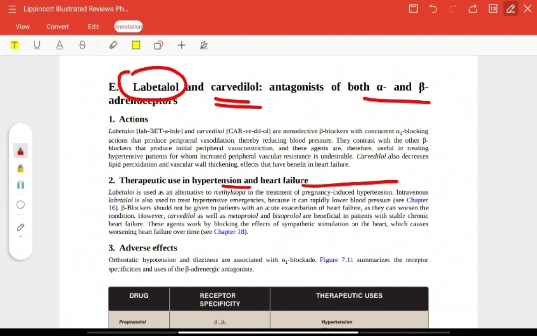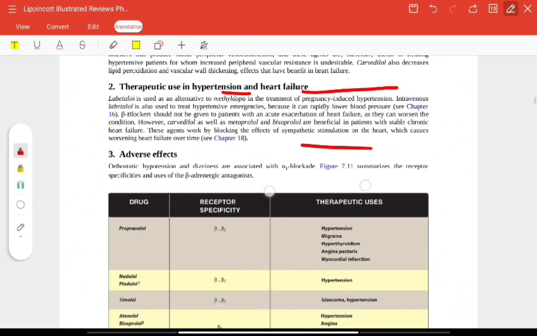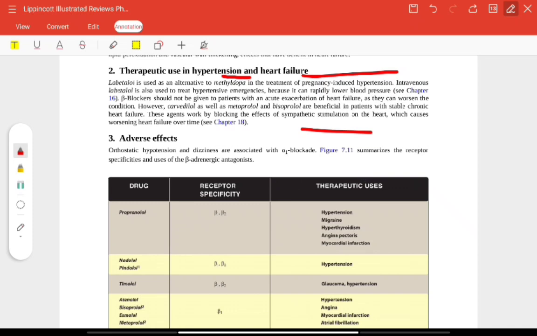IV labetalol is also used for hypertensive emergencies. Carvedilol as well as metoprolol and bisoprolol are used in patients with chronic heart failure (CHF). They will block the effects of sympathetic stimulation, which will worsen the heart. Its adverse effects are orthostatic hypotension and dizziness.